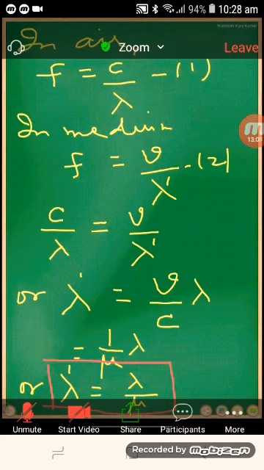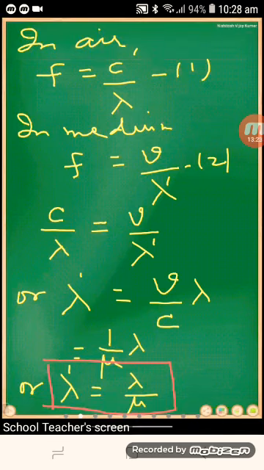That means if the light is traveling from a denser medium to a rarer medium, we find that the refractive index will be less than 1, and in that case the wavelength is going to increase. Whereas if it is traveling from the rarer medium to the denser medium, the refractive index is going to be greater than 1 and its wavelength is going to decrease. The first case, denser to rarer, wavelength is going to increase. Rarer to denser, the wavelength is going to be less than the original wavelength.